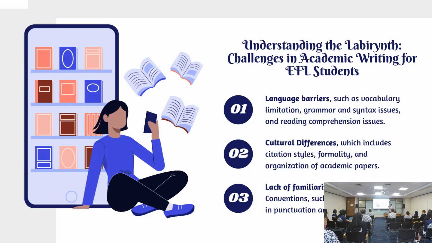Now, talking about compositions, students who have just finished high school and come to join us, some of them speak English very well, but there are some language barriers they still have. When we talk about something academic, there are limitations in vocabulary, grammar and syntax.